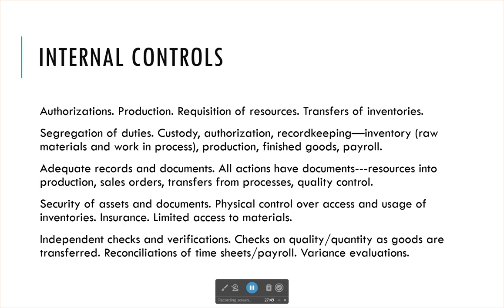There's physical control over the access and use of inventories. And remember, let's not just think about raw materials. Let's think about work in process. There's a very old song by Johnny Cash, it's a story, not Johnny Cash working the plant, but his song about an individual working in a plant, and he's manufacturing automobiles.